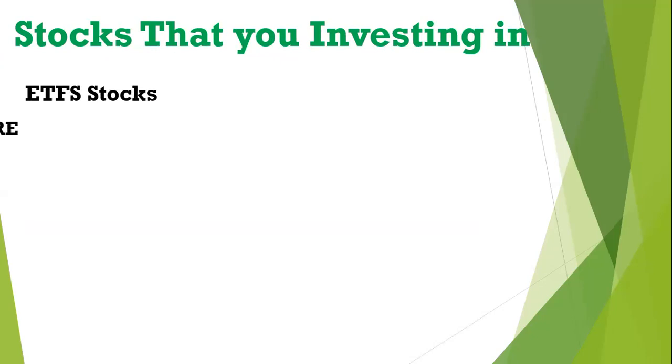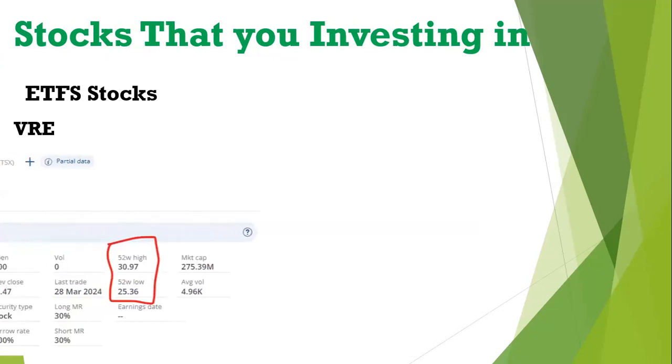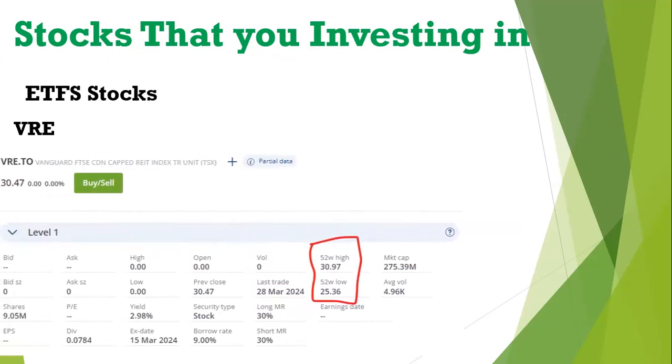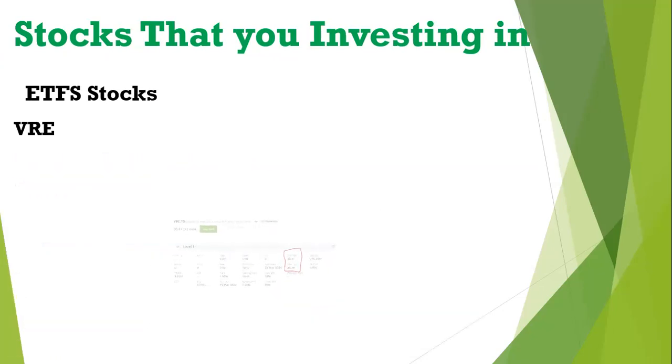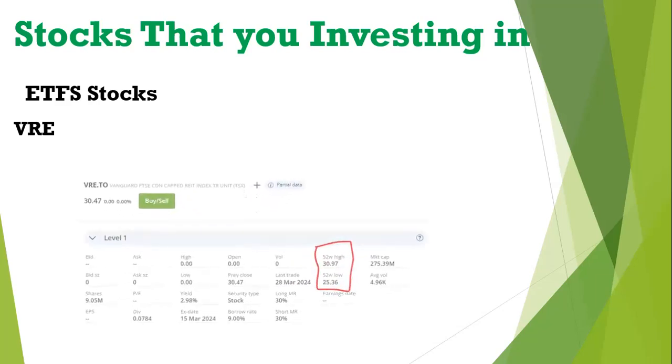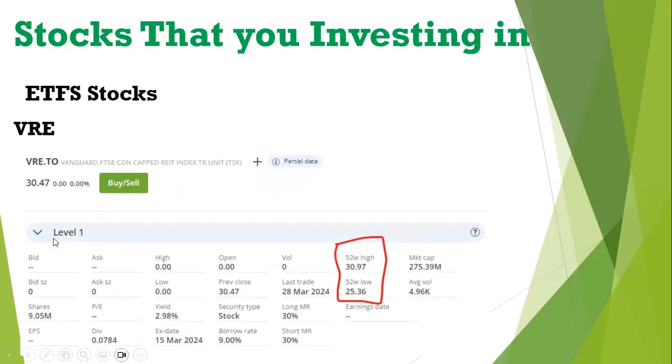Let's look at the VRE and how we use it. The fluctuation in the price of the VRE is high enough that we can use it for a capital gain account, because it can change anytime. The current price is about $30.